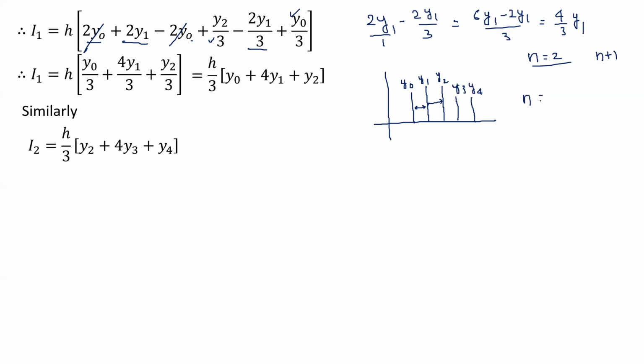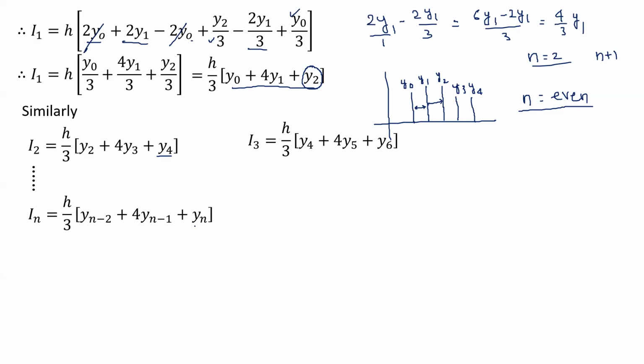My value of n should always be even, because I am going to add 2 always. I require 3 terms, out of which one is from the previous part, common to both parts. Therefore n should be even for Simpson's one-third rule. You can see we end with y2, then y4, then y6, and likewise yn, 4yn minus 1 and yn minus 2.